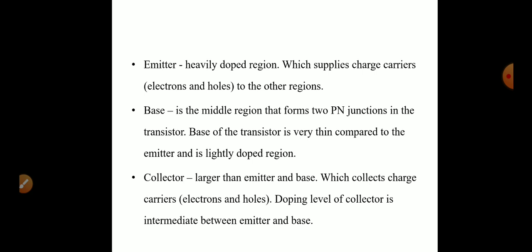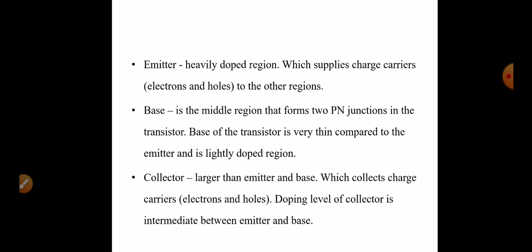The second region is the base region, which is the middle region that forms two PN junctions in the transistor. One is the emitter-base junction and the second one is the base-collector junction. The base of the transistor is very thin compared to the emitter and is a lightly doped region. The third one is the collector region.